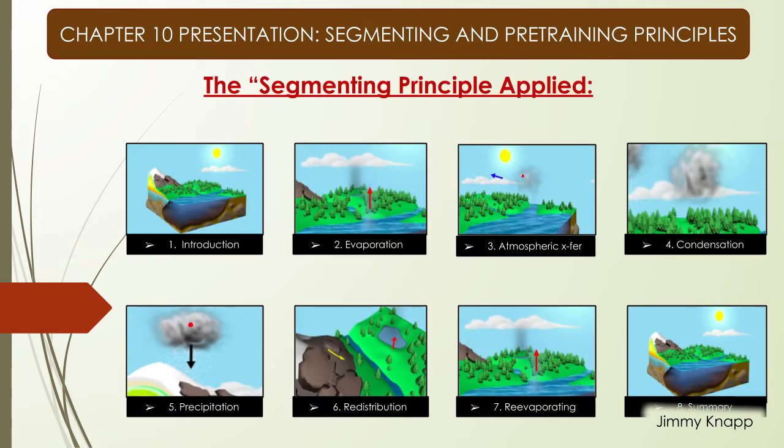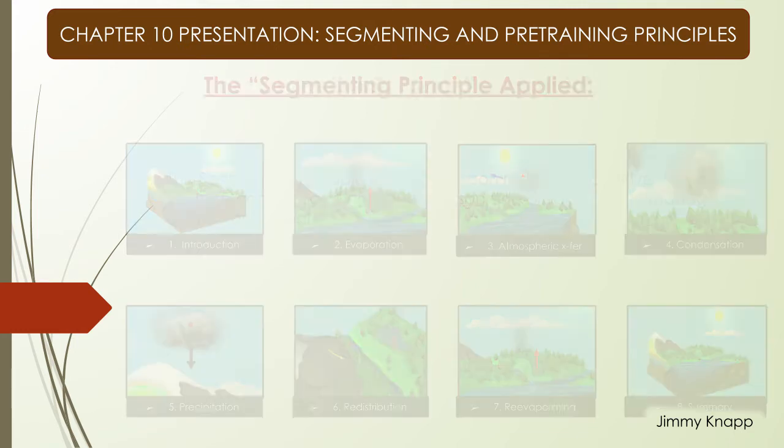Here we see the continuous lesson on the water cycle broken into 8 manageable chunks that represent the most complex concepts of the water cycle. Concepts like evaporation, condensation, or precipitation. When the segmenting principle is applied, the learner is able to engage with the tutorials at a pace that makes essential cognitive processing more manageable and allows the learner to control their pace of instruction.